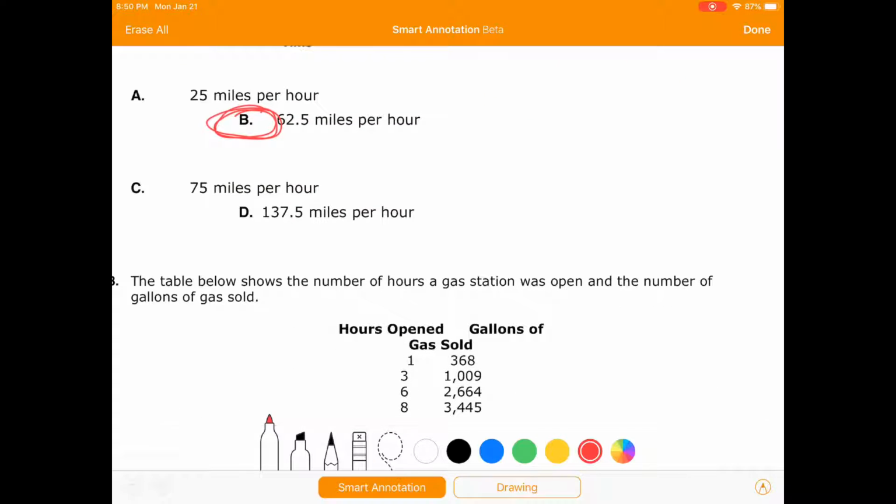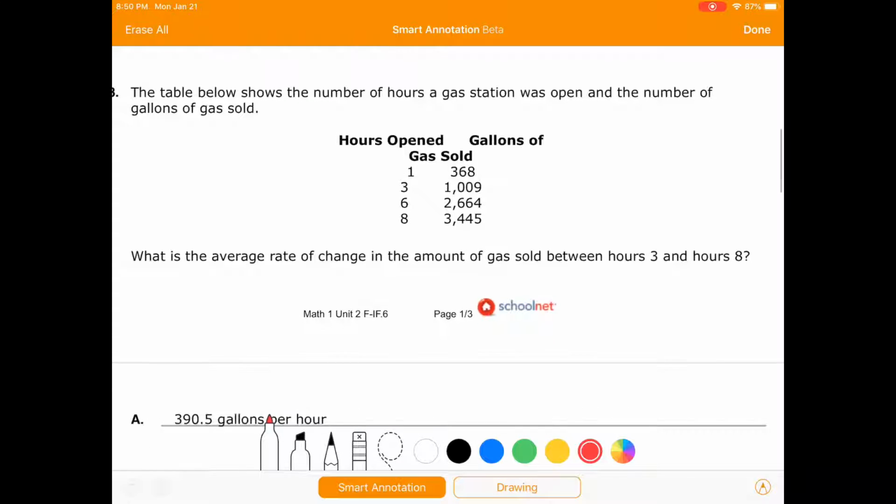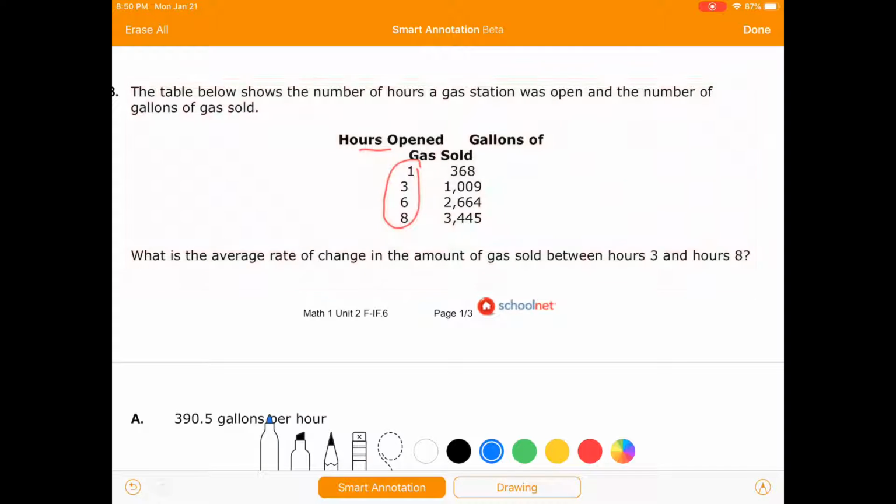Now, going on to the next one. And I know it looks a little bit different from your table, but the hours open are right here. And the gallons of gas sold are right here. Okay? So it says, the table below shows the number of hours a gas station has open and the number of gallons of gas sold.